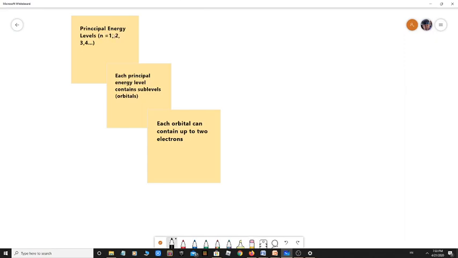Principal energy levels usually will be indicated by a number. We usually give the symbol n to this number. This n is not the same n as in the gas law. This n can be only integer numbers 1, 2, 3, 4, and so on. These numbers go from inner layer to outer layer. The larger this number is, the further away from the nucleus, so you can imagine the size goes bigger and bigger.